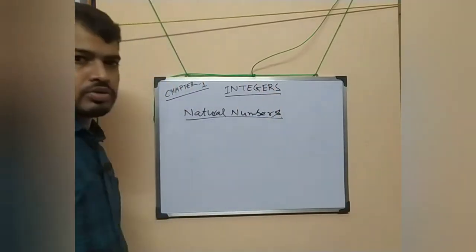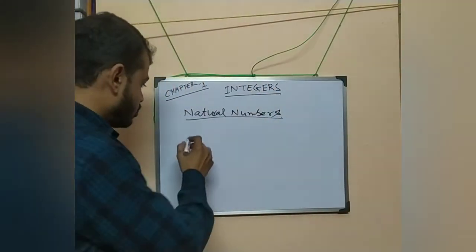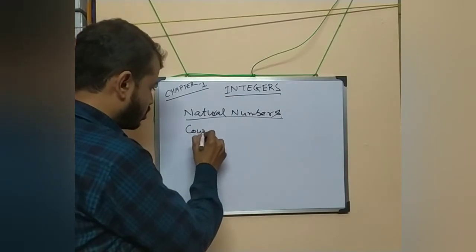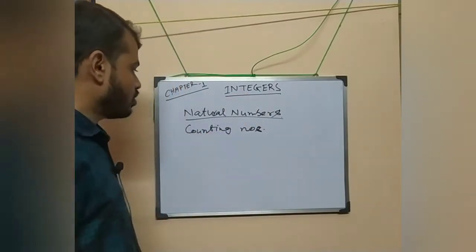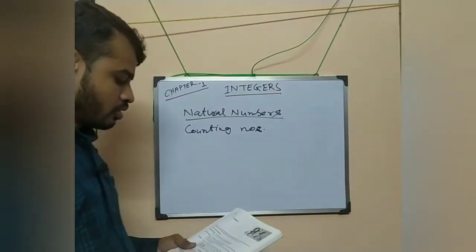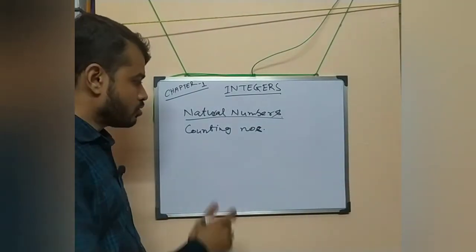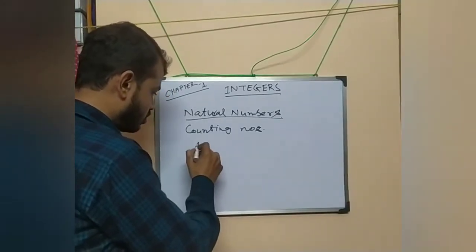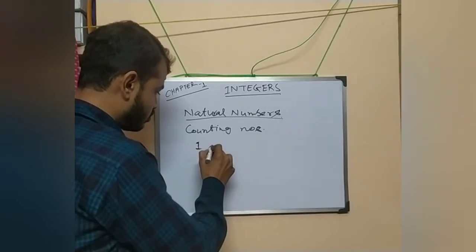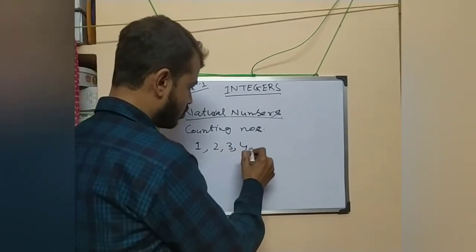Which is a natural number? The counting numbers are called natural numbers. Those numbers which we count are called natural numbers, that is 1, 2, 3, 4, etc.